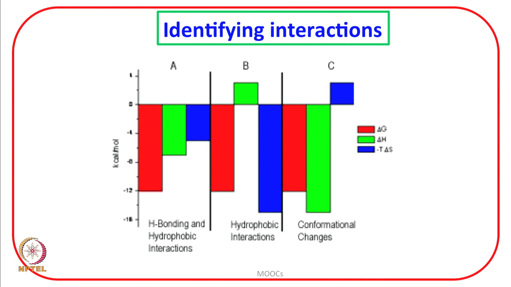And if there is a predominance of hydrophobic interactions, let us take a look at the middle panel. Predominance of hydrophobic interactions is associated with endothermic effects. Delta H is positive, whereas delta S is also largely positive.